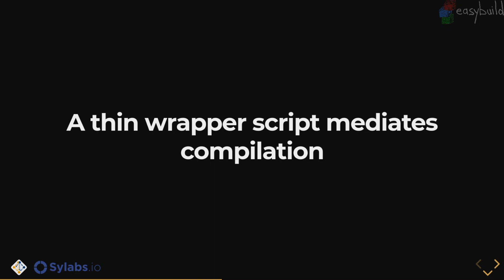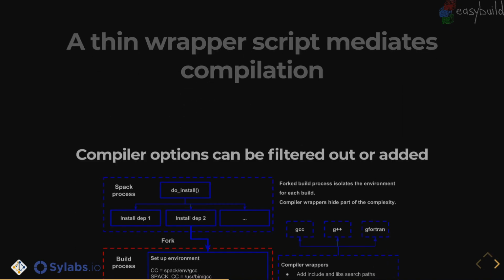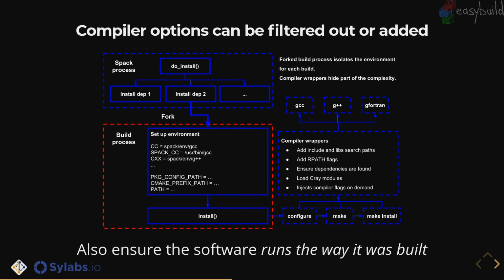Finally, third concept before going to the actual updates: every time we compile something, compilation is mediated by a thin wrapper script. I hope you see the blue here. Basically, when you install something, we have a master process with a clean environment.